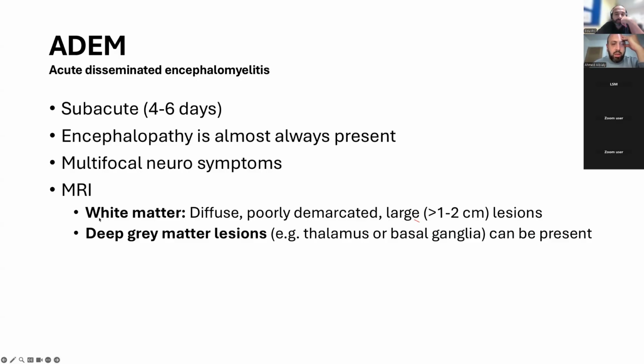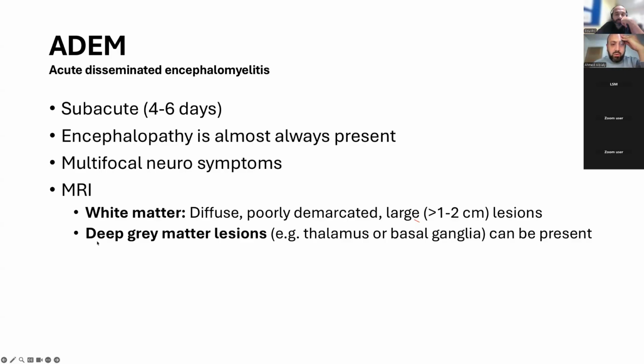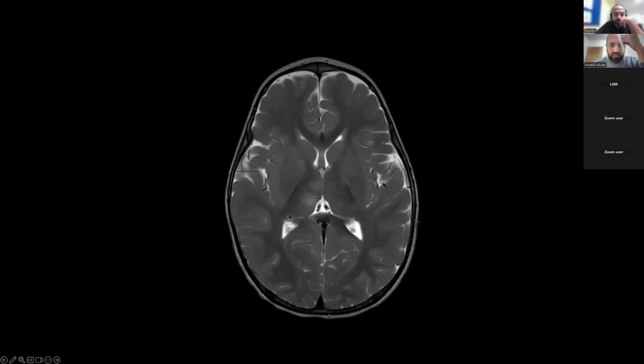The MRI can show diffuse, poorly demarcated large white matter lesions, the ones that I just displayed, and can also show deep gray matter lesions, mainly at the thalamus or basal ganglia. Like this one, for example, it looks less marked, but you can see this is the thalamus on both sides, and these are the hyperintense lesions on the FLAIR sequence.